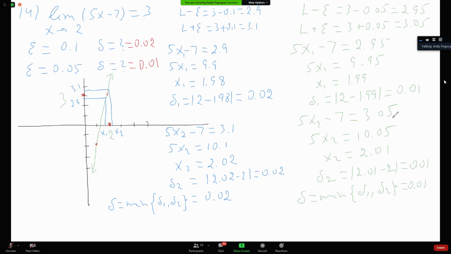Now, the next problem will be proofs using the epsilon delta definition. On this example, I'll do so you can see it.